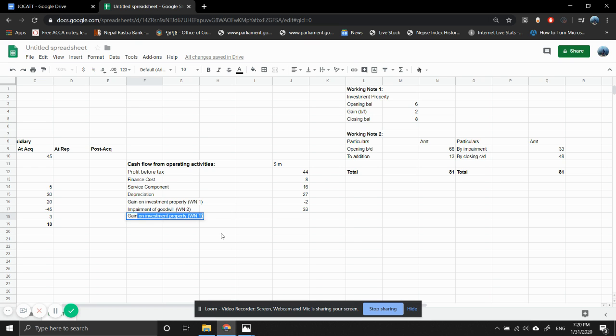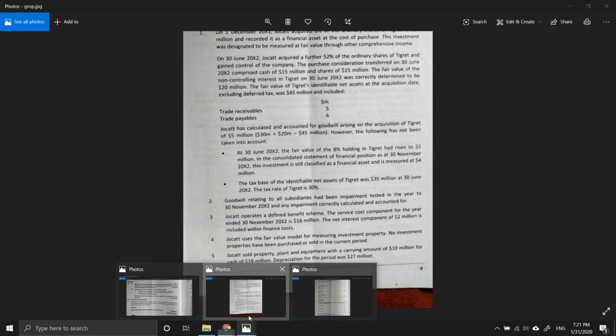Gain on 8% interest revaluation. Okay, so this is -1. All right.